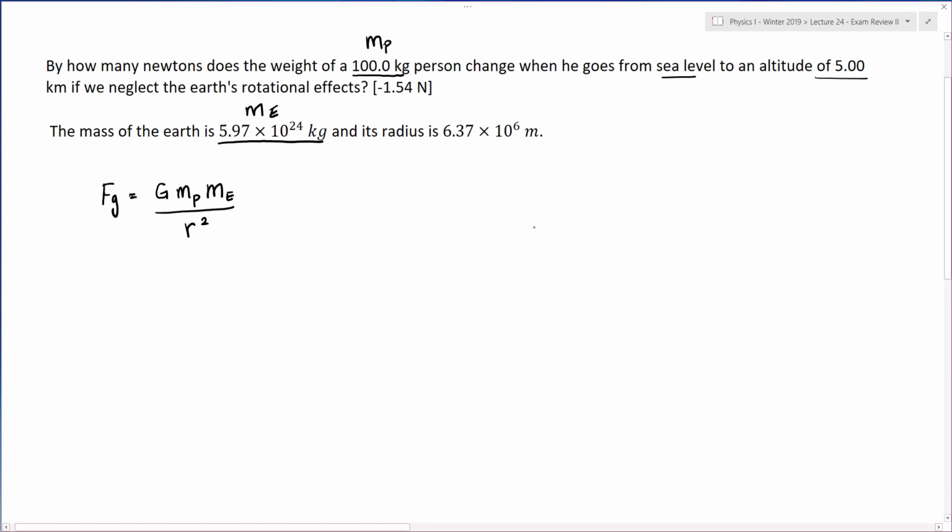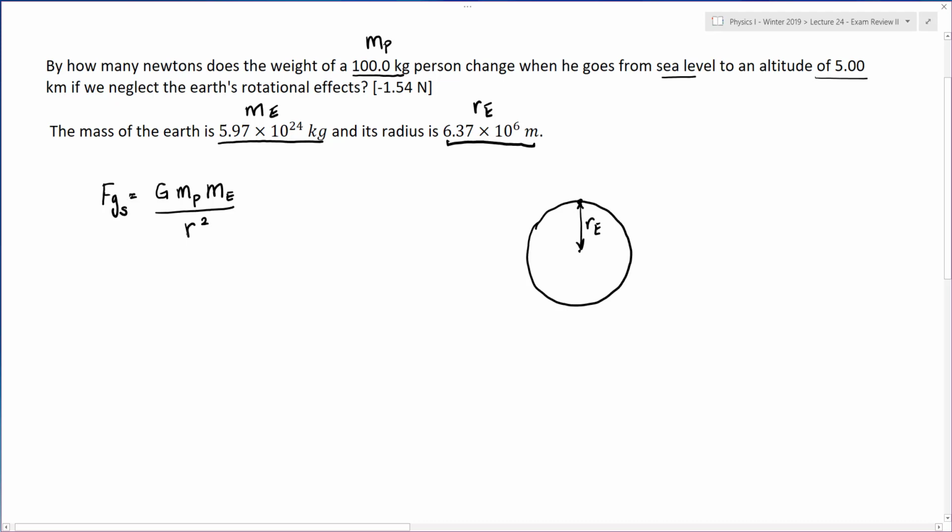So if we have the Earth over here, and the person is at sea level, that means that they're right at the surface of the Earth. And so the distance between the center of the person and the center of the Earth would just be the radius of the Earth, and we know that value right here.